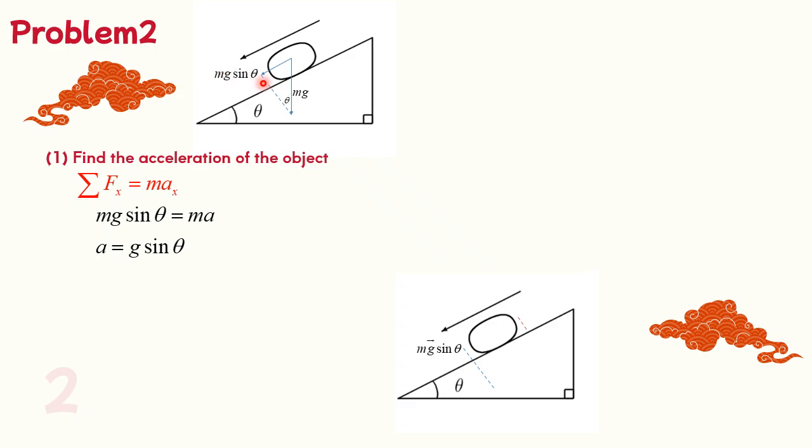The only force that acts on the object on the x-axis here is mg sine theta, and its acceleration is a. We cancel m, so its acceleration equals gravity multiplied by sine theta.